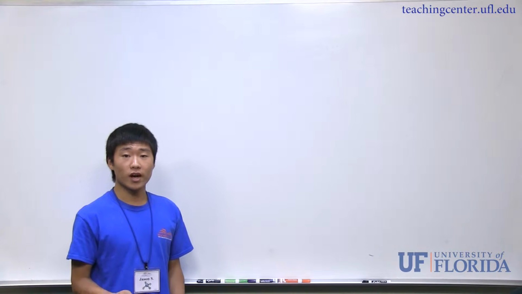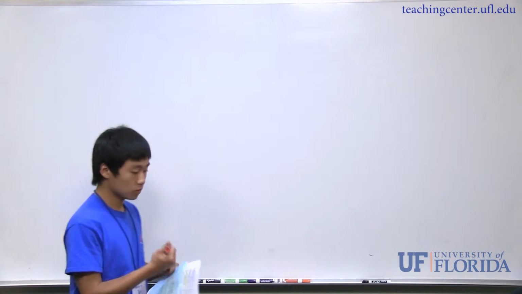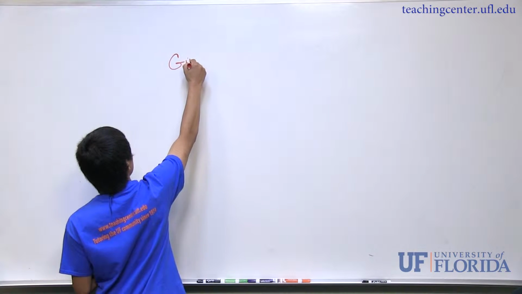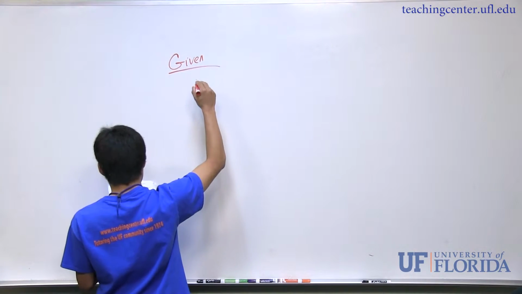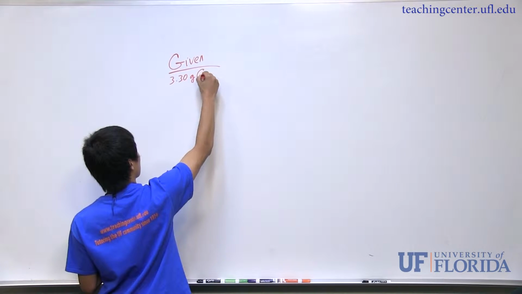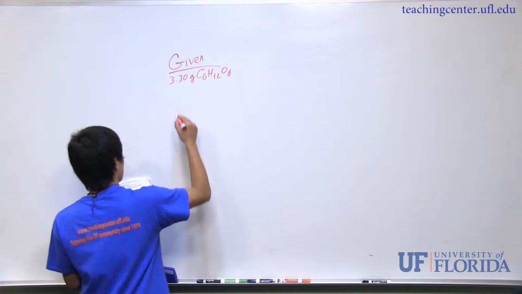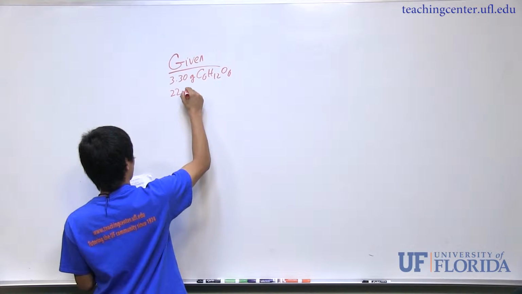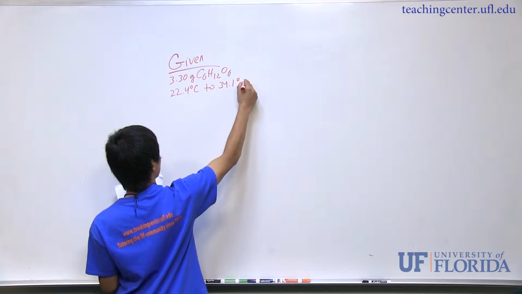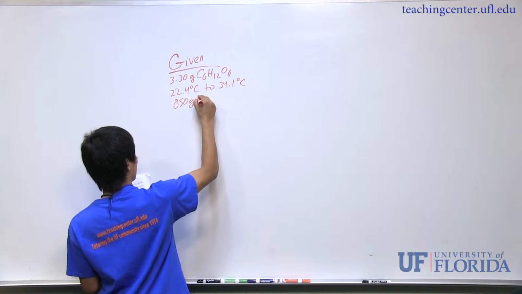Now, like I've said before, guys, I like to read, reread, and write down what I'm given and what I need to find. So, I'm given 3.30 grams of glucose. I know the temperature changed from 22.4 degrees Celsius to 34.1 degrees Celsius. I know I have 850 grams of water.